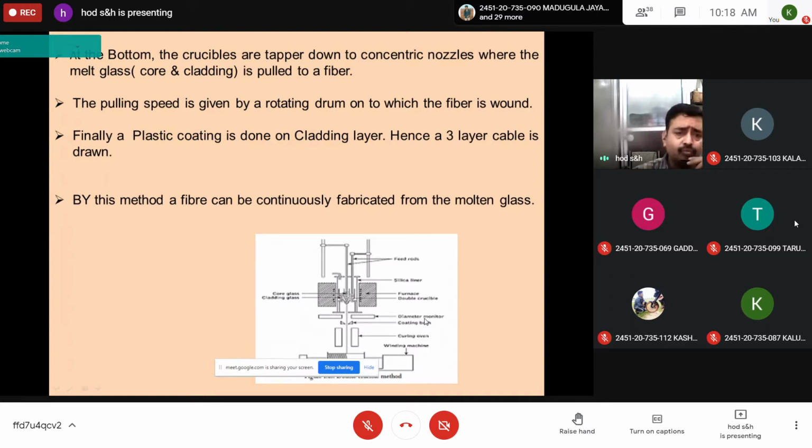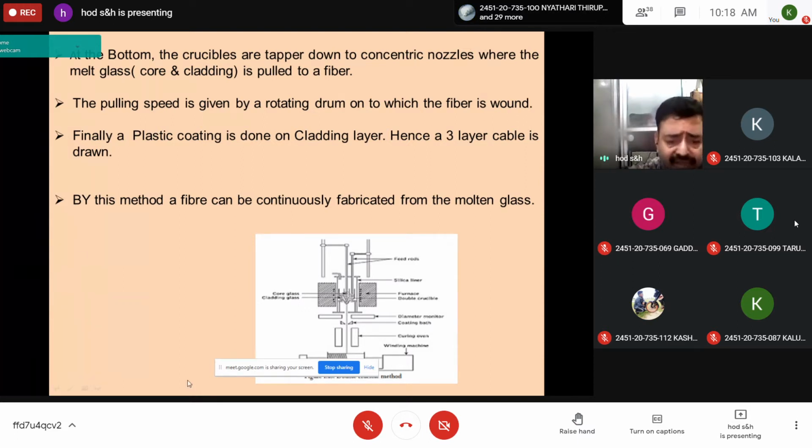Like that, it can be wound on the given pulling drum. Finally, a plastic coating is done on the cladding layer. As we discussed, a protection layer is required. So a three-layer optical fiber cable can be fabricated, and by this method a fiber can be continuously fabricated from the molten glass.